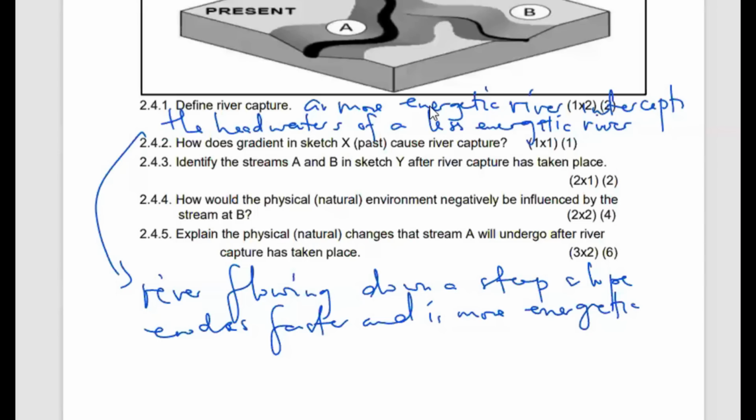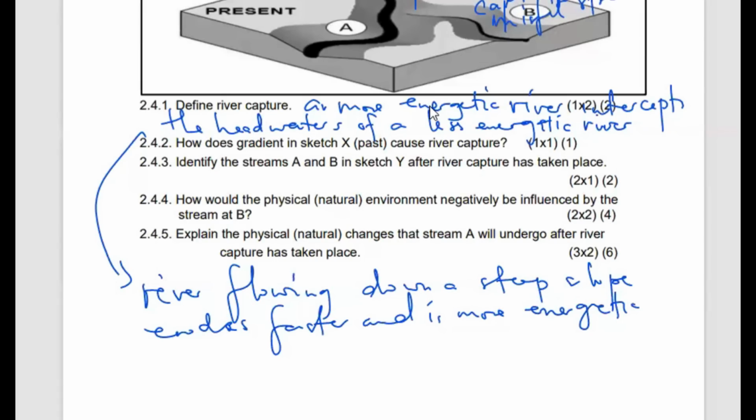So in this instance, our A is the captor, the one that intercepts, and the one which is intercepted is the captured. So our A is the captor stream and our B is the misfit stream. The captured one now becomes the misfit stream.